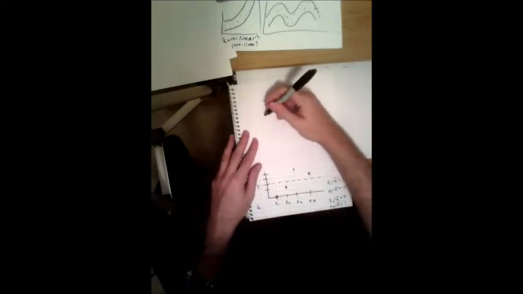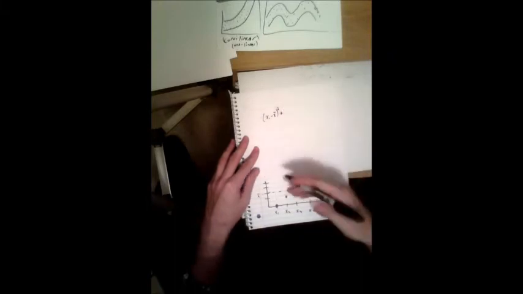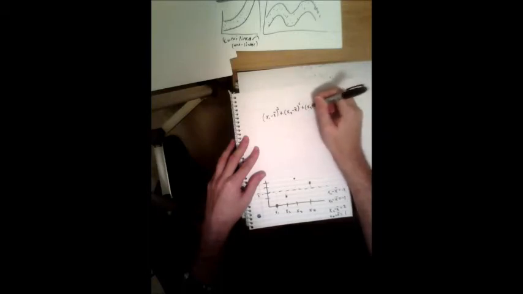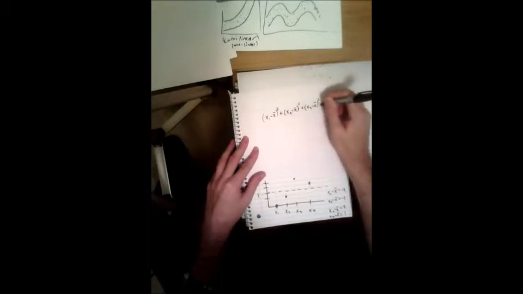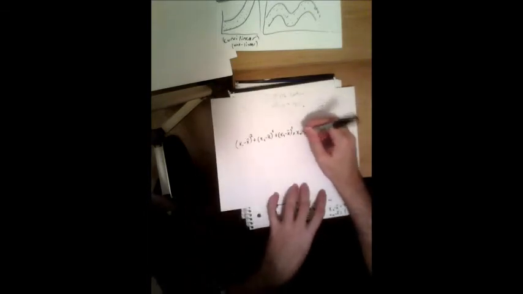Alright, so here's what we'll have. It's really x1 minus x bar squared, at least with this problem, x2 minus x bar squared plus x3 minus x bar squared plus x4 minus x bar squared.